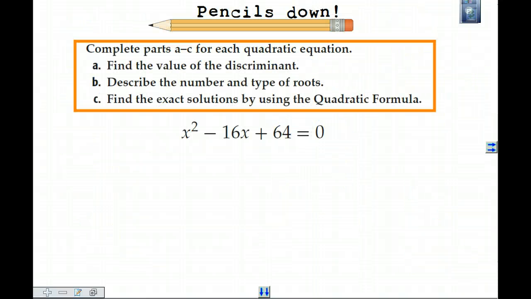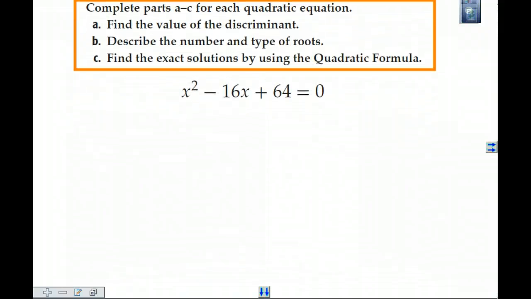So let's try another. You do a little bit of this one, then I'll do a little right after. Go ahead and write this down: x squared minus 16x plus 64 equals 0. Get a little practice in. We have our discriminant. You have to know that's the part inside the square root of the quadratic formula.